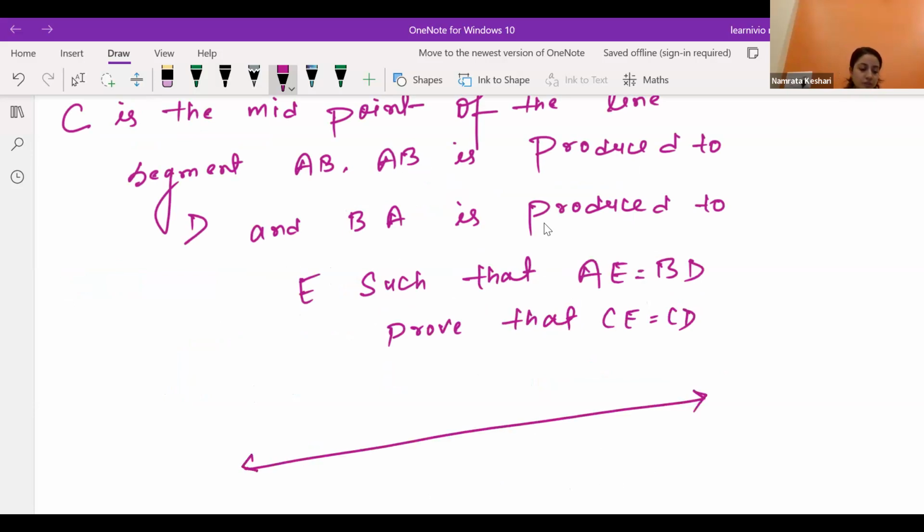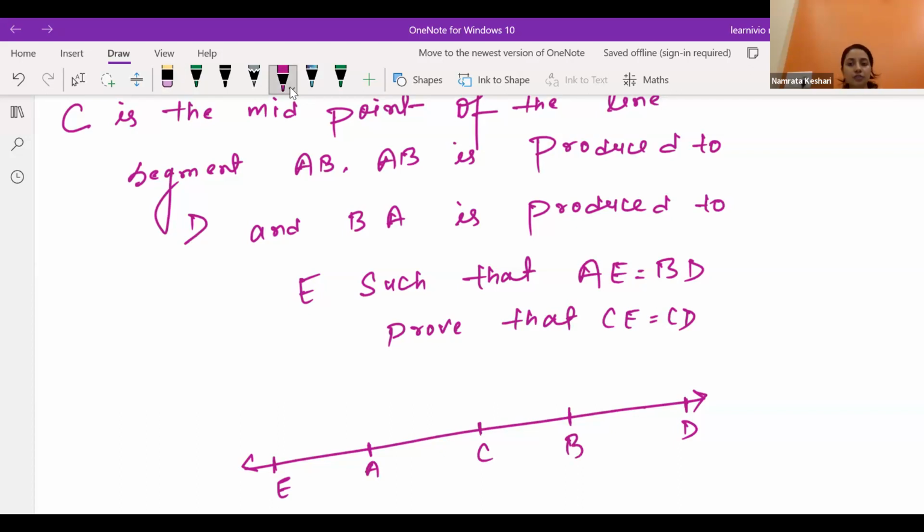Drawing the figure: E is here, D is here, A is here, C is here, B is here. C is exactly in between. C is the midpoint of the line segment AB.